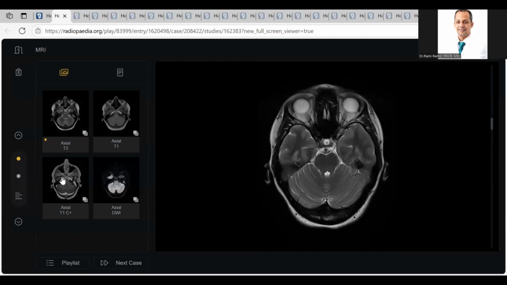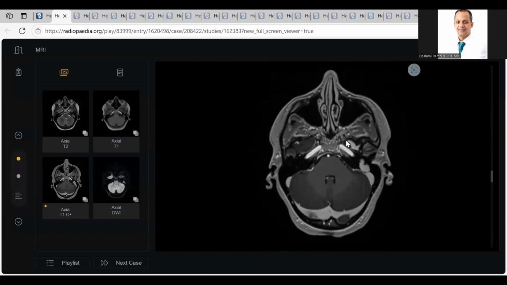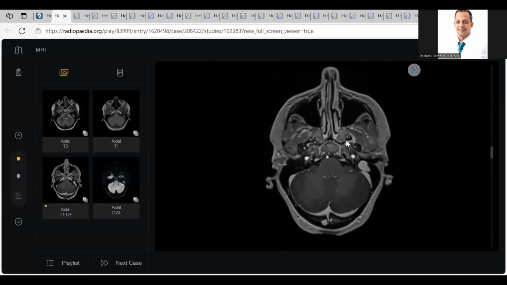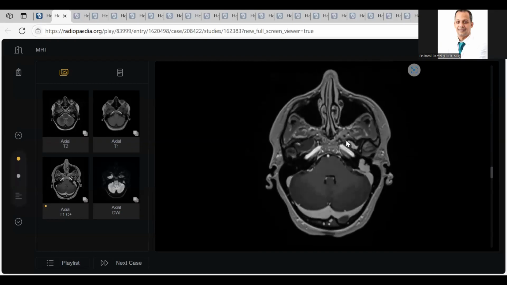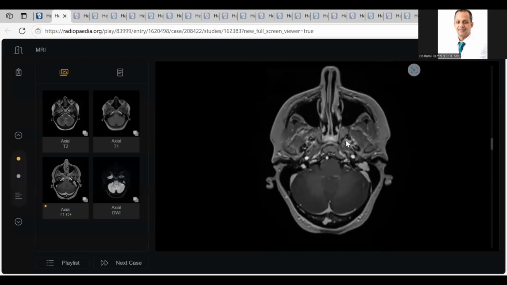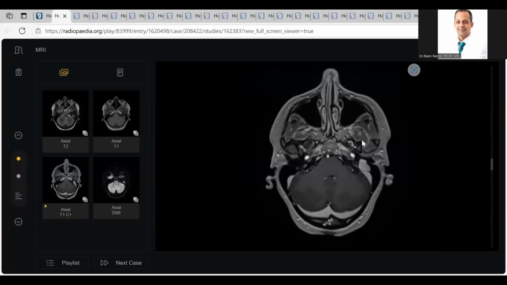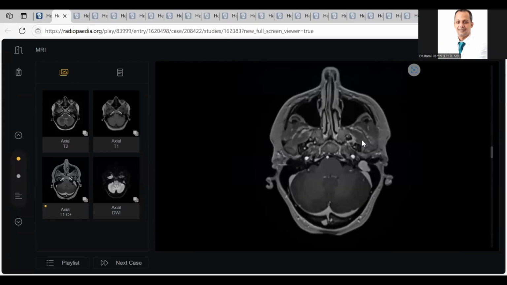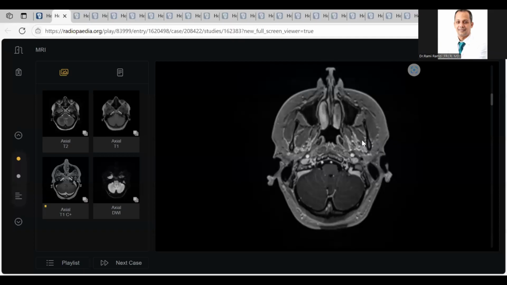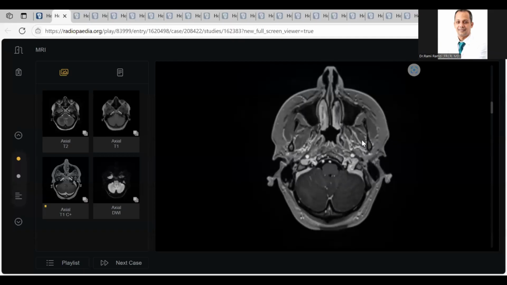Then you ask for contrast, it is avid enhancement. You said very well when you gave me a good logical differential diagnosis, including number one, glomus. Number two, facial nerve schwannoma. It is very important here. Number three, you said it may be a high riding or dehiscent jugular canal.